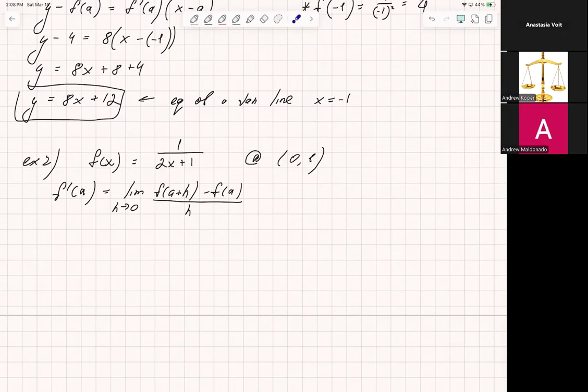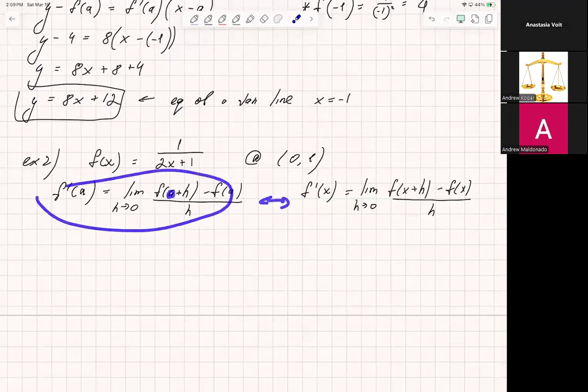So the only difference between this formula and the general formula f prime of x equals the limit of f of x plus h minus f of x over h as h goes to 0, is that by the first formula, we are evaluating the derivative at a specific point, okay? In the second version of this formula, we have x instead of a everywhere, right?